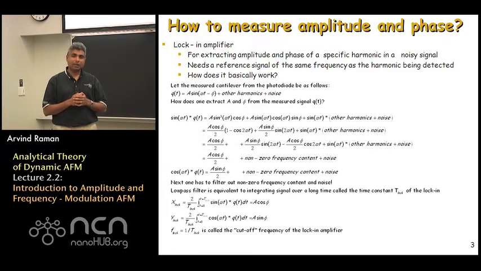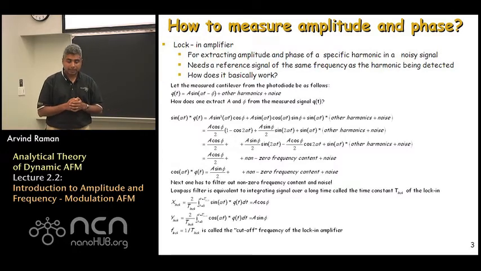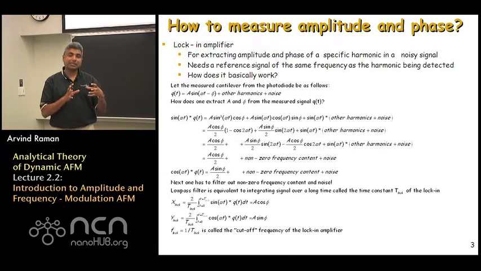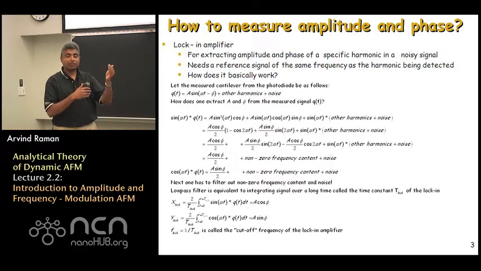Well, one way to do it would be to take the signal and multiply it by sine omega t. When one multiplies through by sine omega t, the sine omega t multiplies with the sine(omega t minus phi) term, and you actually get a DC term, which is going to be cosine phi divided by 2. And the other terms are all going to be at different frequencies, with non-zero frequency content.